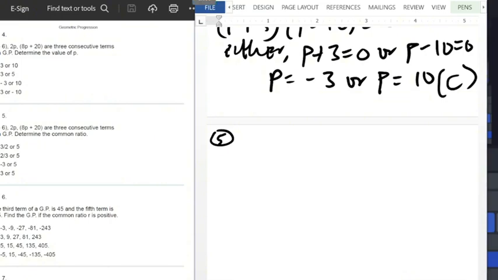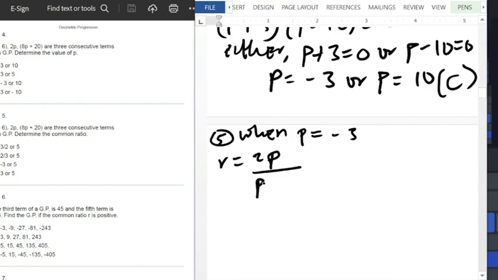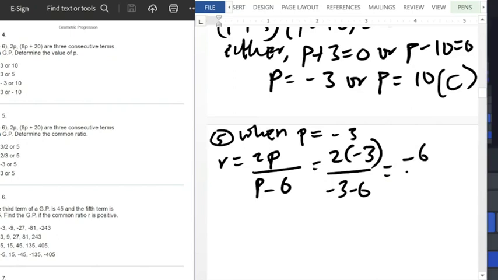When P is minus 3, the common ratio will be 2P all over P minus 6. So which is 2 into minus 3 all over minus 3 minus 6. So which is minus 6 all over minus 9. So which is equal to 2 over 3.